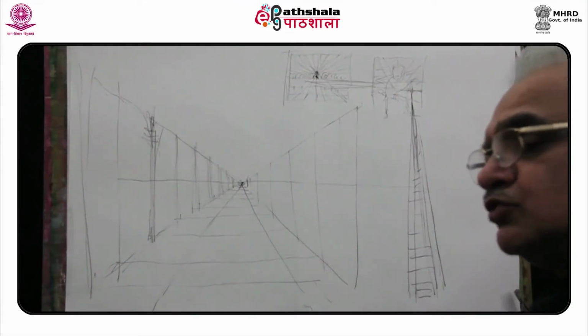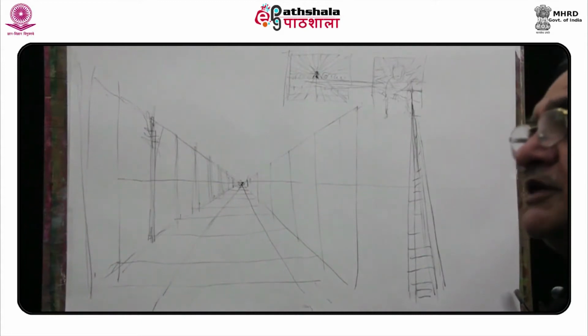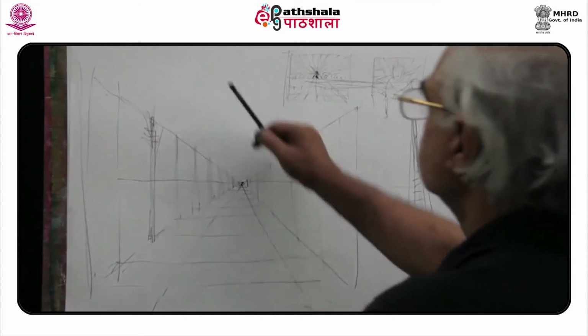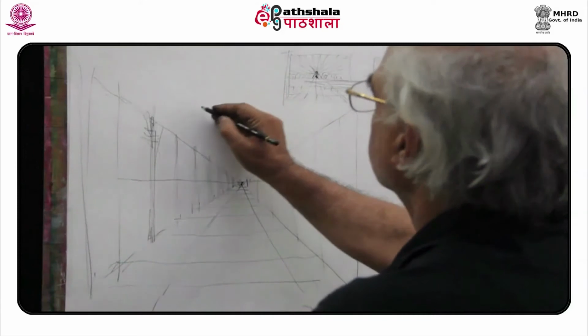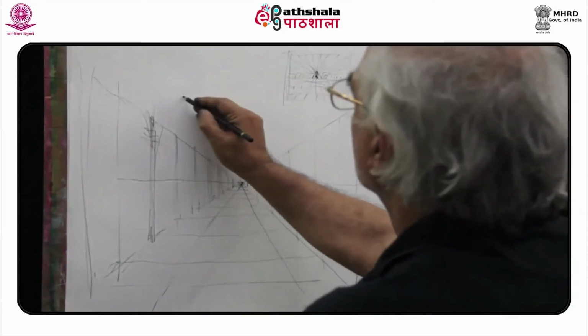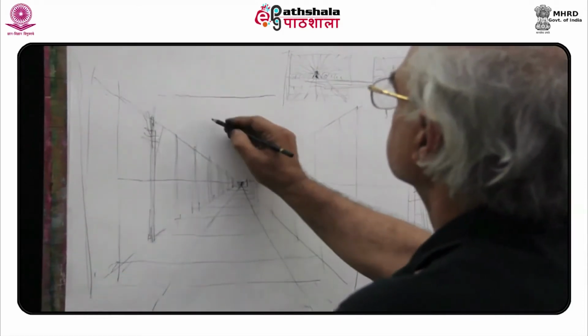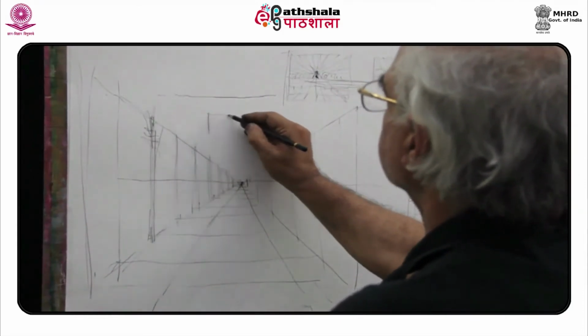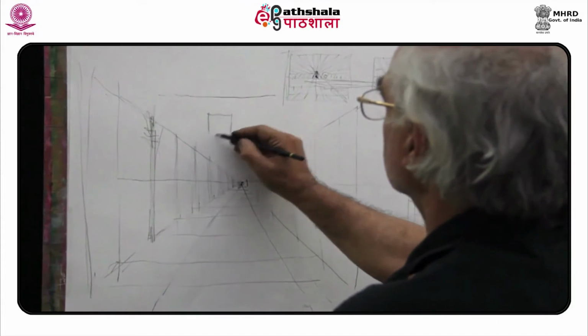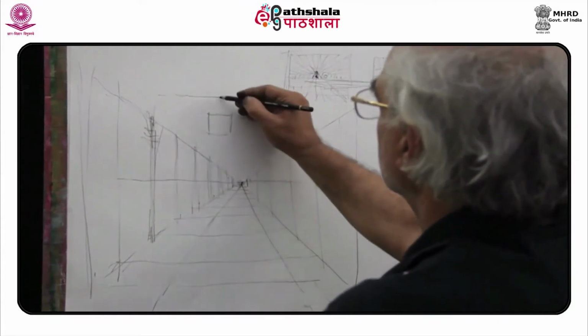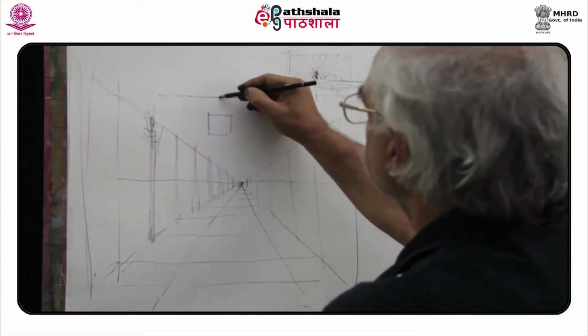There are three types of perspective: 1 point, 2 point, and 3 point. Now we will try 2 point perspective. Draw a horizon and then a square.